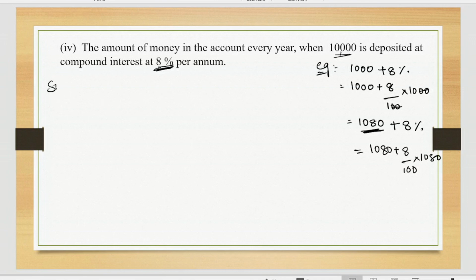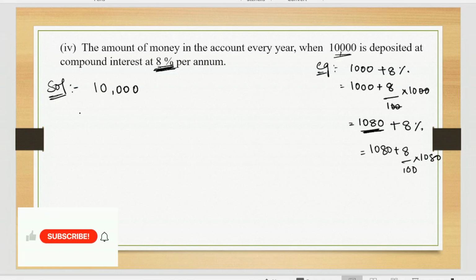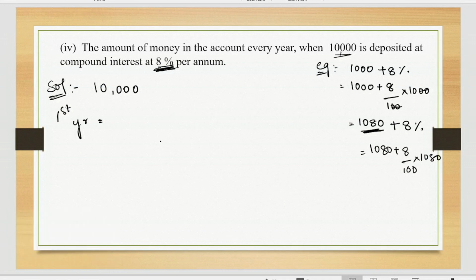Now let us solve this question. So we have 10,000 rupees deposited in the bank, right? So after the first year, what is the amount of interest we get? We get 8% interest for the amount 10,000 which is deposited in the bank, right?